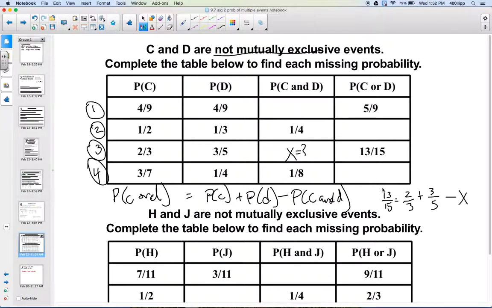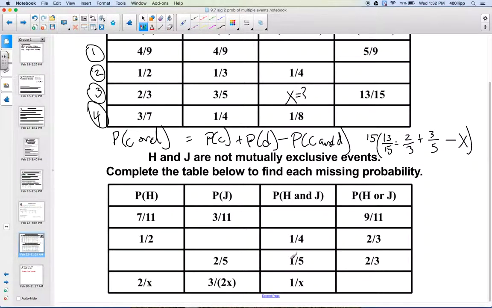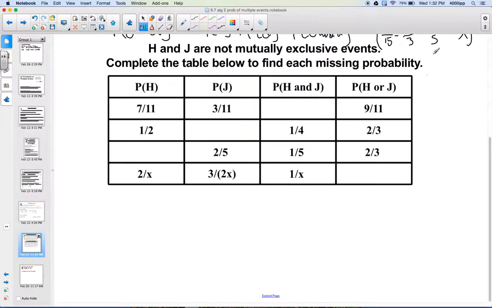When we're doing problems like this, the easiest way is to multiply by the least common denominator, which is what we went over in 9.6. So I'm going to multiply everything by the least common denominator, which is 15.